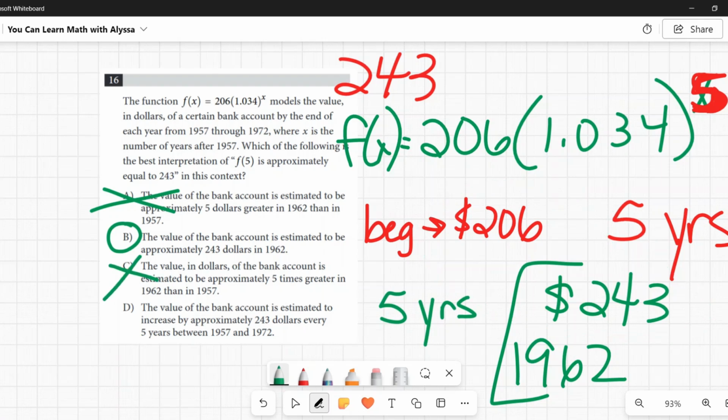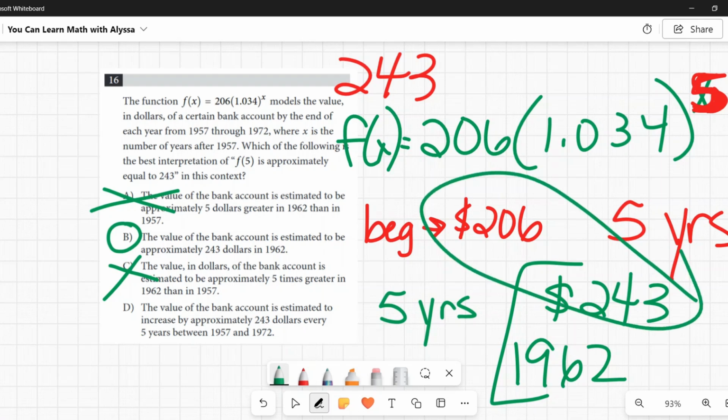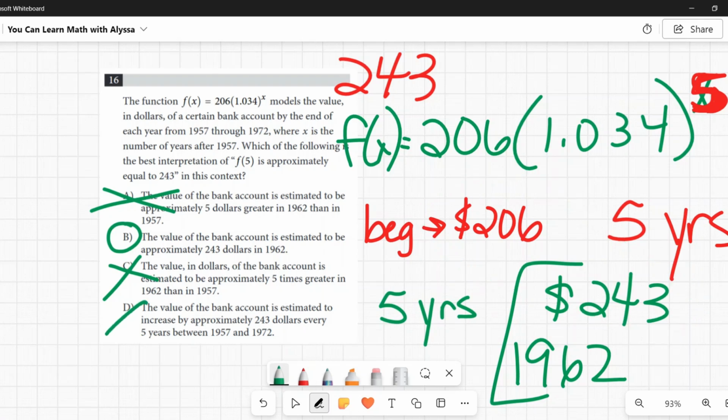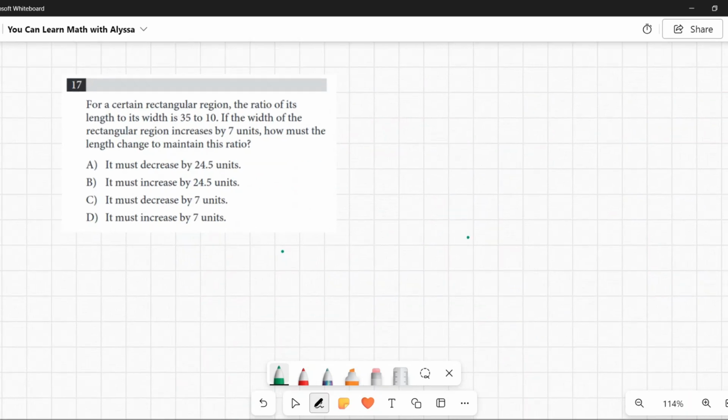D, the value of the bank account is estimated to increase by approximately $243 every 5 years between 1957 and 1972. No, it did not increase by $243. It increased by $37. Yep, so $37. D is out. Confirms it. B is our answer.